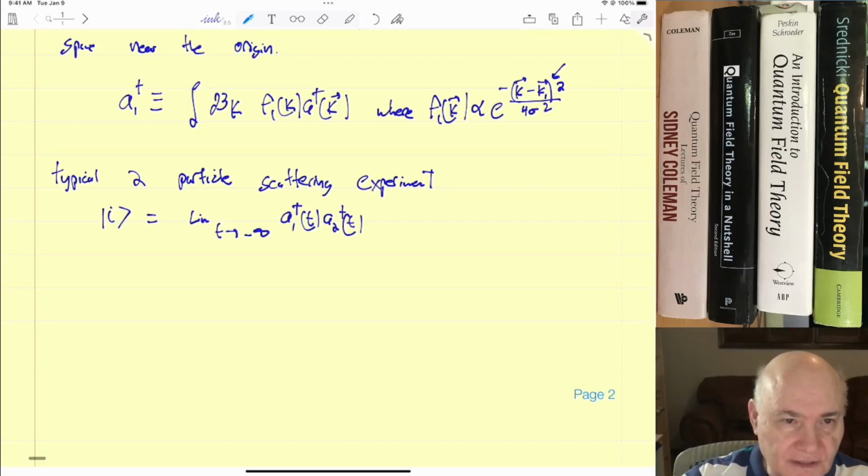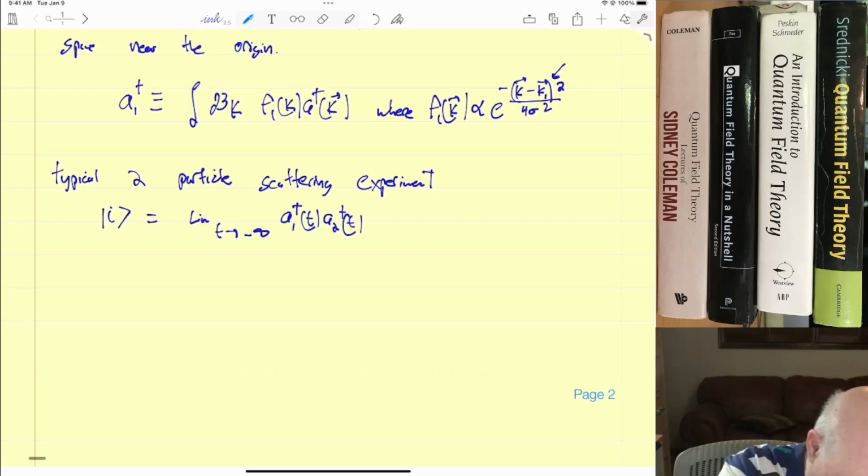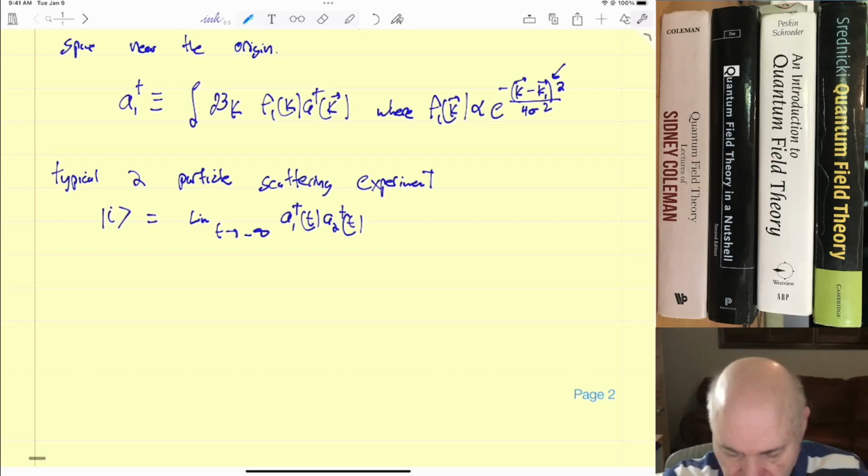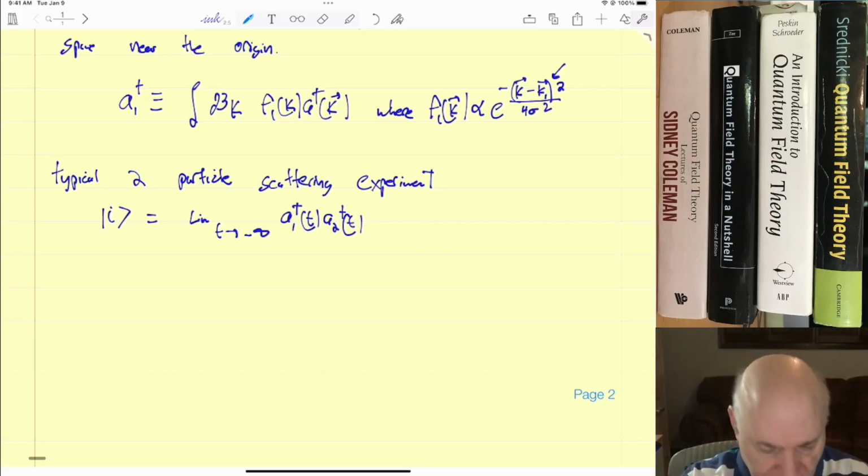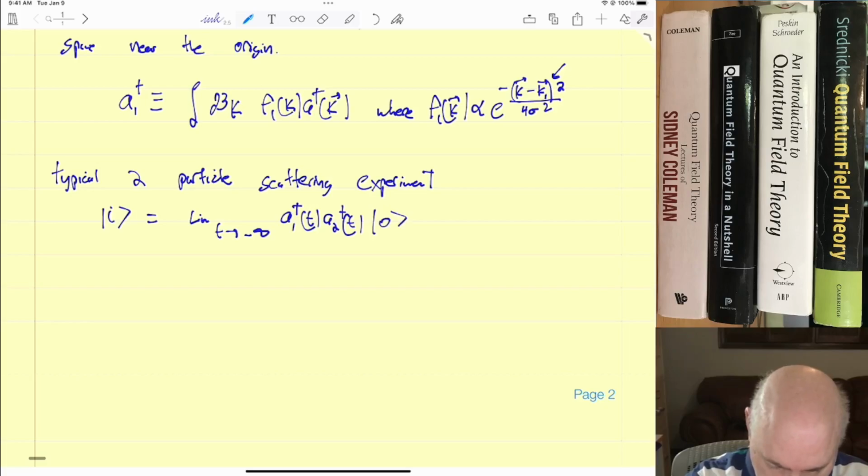I just want to check that I have this equation. Yeah, t goes to minus infinity. Need to change that in my notes. I left off the minus sign there. a2 dagger(t) acting on the vacuum.